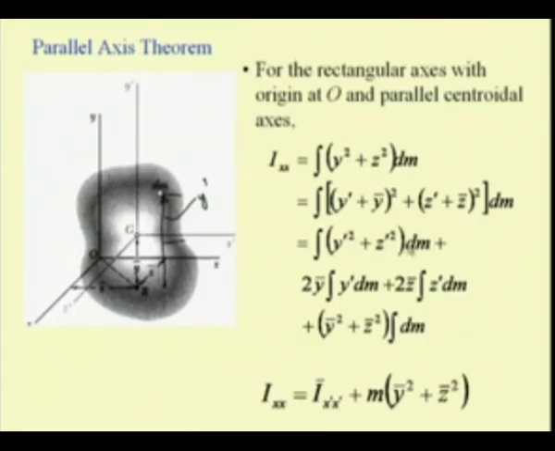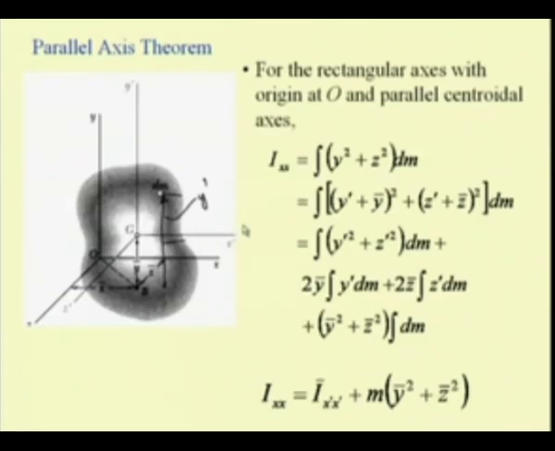What is this term? This is nothing but the second moment of the mass with respect to this axis, that is x prime, because we see that this is of a similar form to this, and we know that this is the second moment of the mass with respect to xx. So, this term is the second moment of the mass with respect to the x prime axis, which is nothing but a centroidal axis.